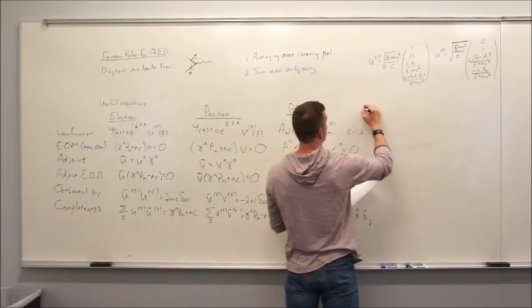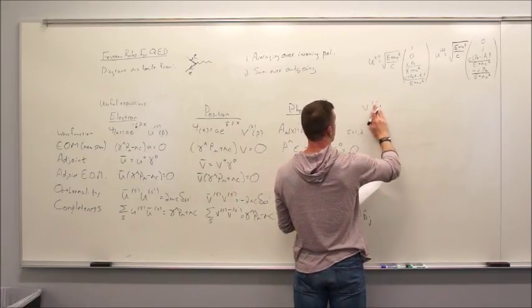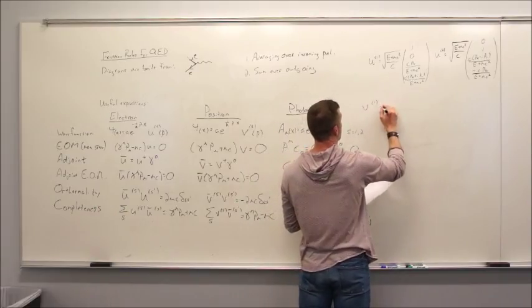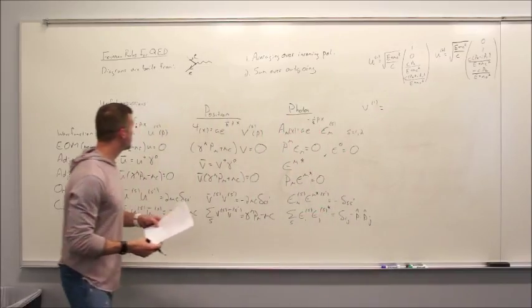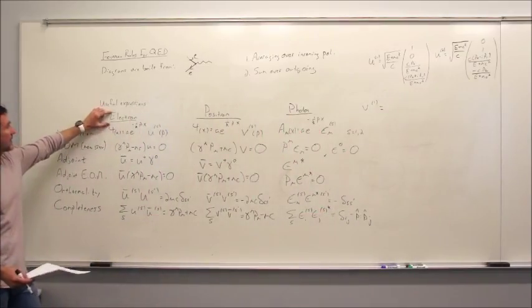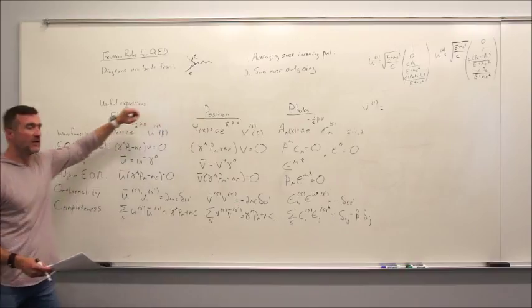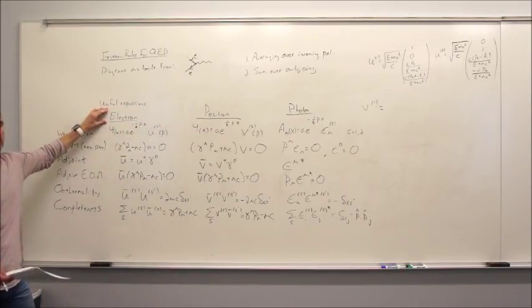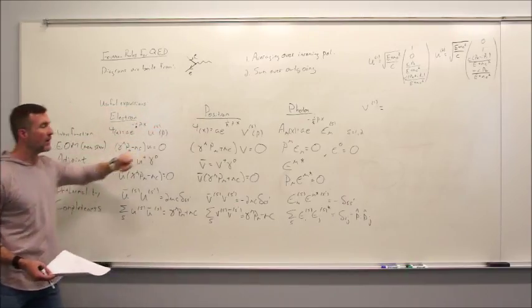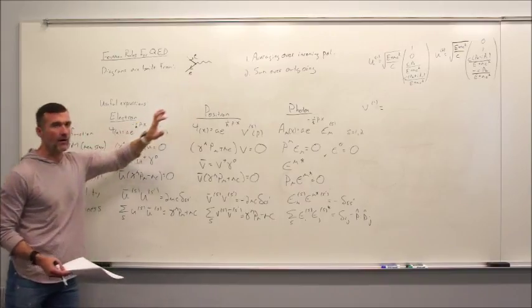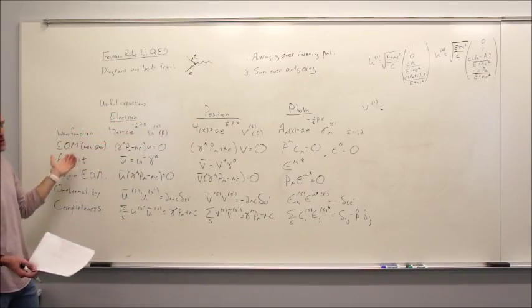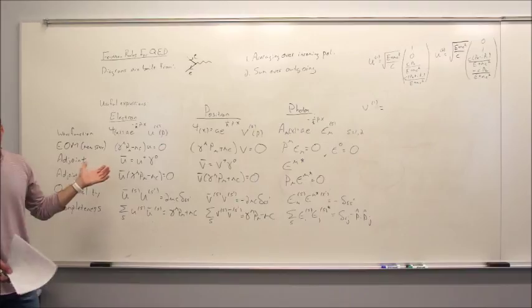And then for the spinors describing antimatter, and folks, bear in mind, everything I'm writing here for electrons and positrons, you would use the same description if this was a muon and an anti-muon, or a tauon and an anti-tauon, because the only difference is their charge and their mass.